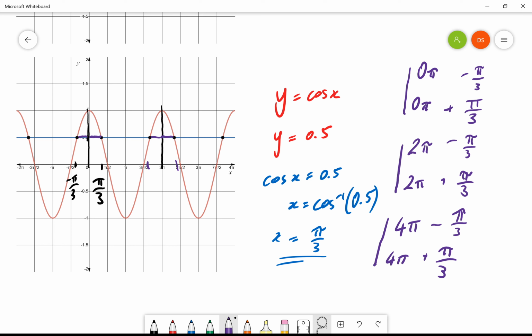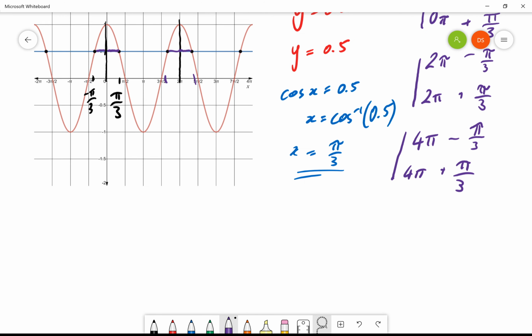It's only even numbers. And so since it's only even numbers, if we had a general case, y equals cosine of theta, then cos inverse of y, we'd still call our alpha, which is our particular solution.